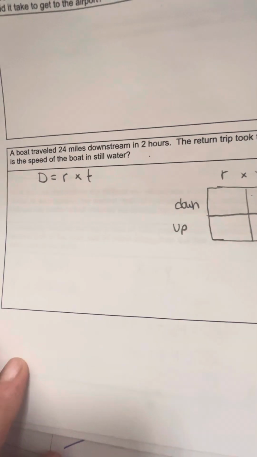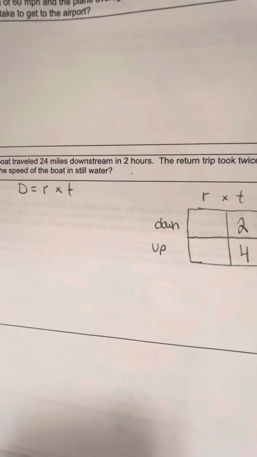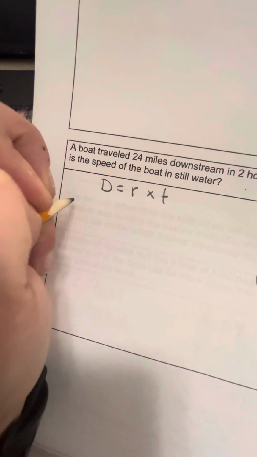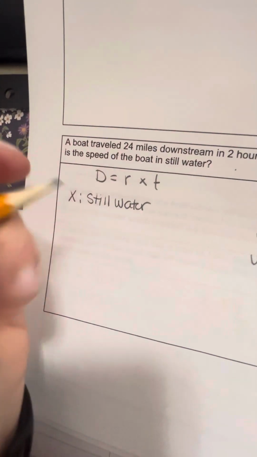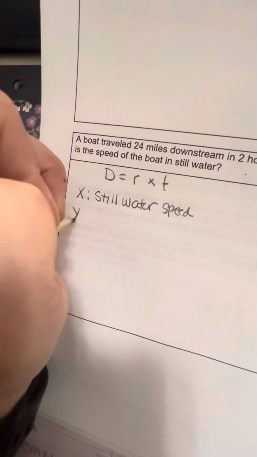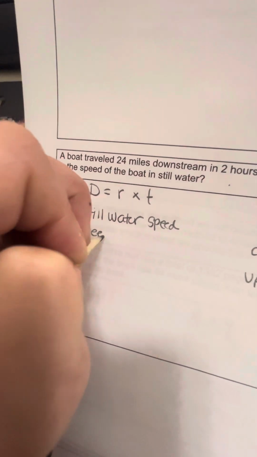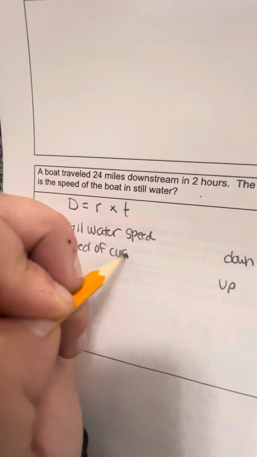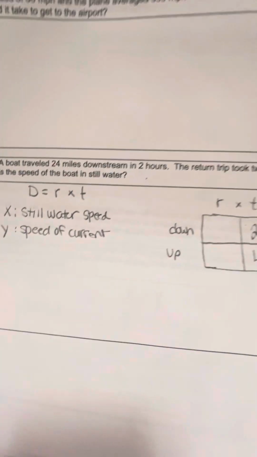Now, when I'm dealing with speeds of boats in still water versus currents, this is where we have some problems. So I am going to call X the still water, and that's the speed that we're going to be traveling in. And then we have the speed of the current as the other thing, so our Y. So when we are looking at the current, we have opposing forces.